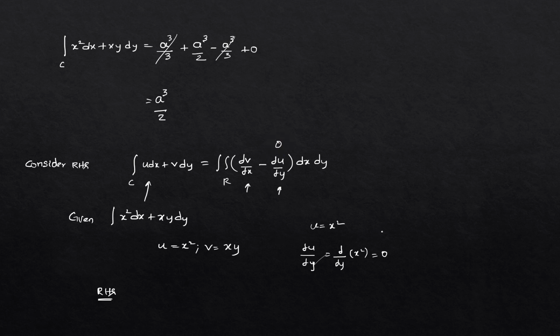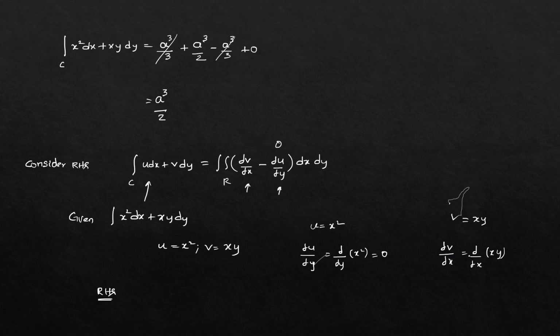And similarly, we have to find dou v by dou x. V is equal to xy. Dou v by dou x means dou by dou x of xy. When we are differentiating with respect to x, particularly partial differentiation, y is a constant.